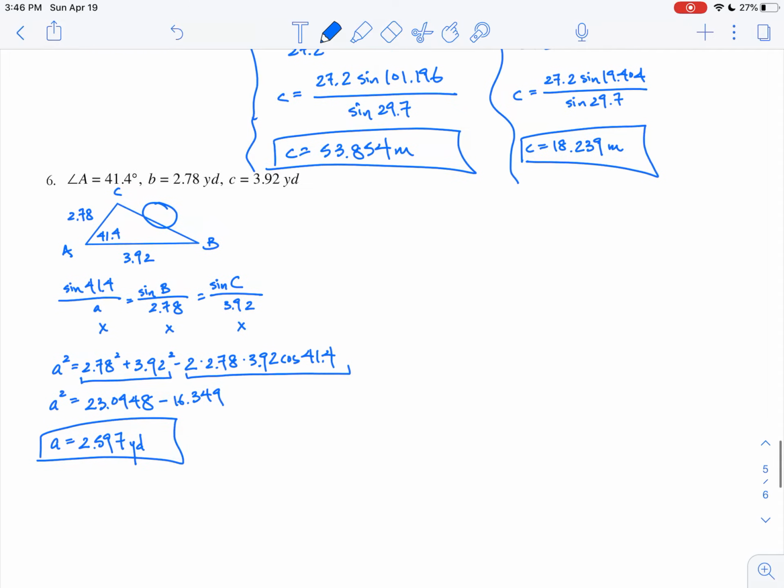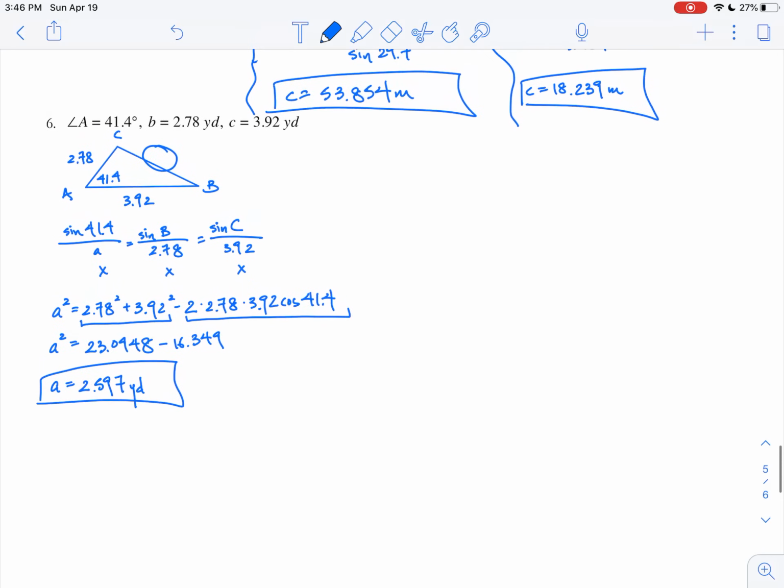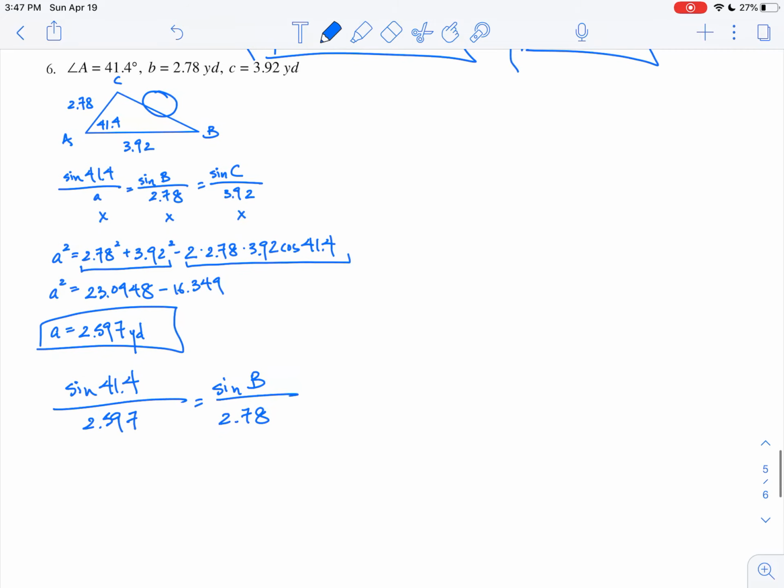We found our a using law of cosines, and now we're going to find our b, angle B, all right? So I've got sine of 41.4 over my newfound a equals sine of B over 2.78. So I'm going to do that same thing where I cross multiply and divide in the same step.